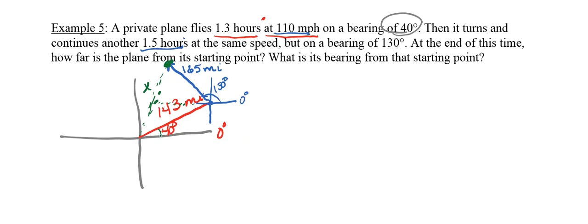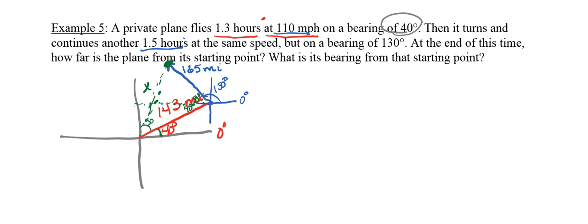So I know this is 40, so I know this is 50, and I'm drawing an invisible line if I were to extend this. And because I know that in chapter 3, parallel lines cut by a transversal, if that's 40, then this is 40. And if that's 130, then 180 minus 130 is 50.